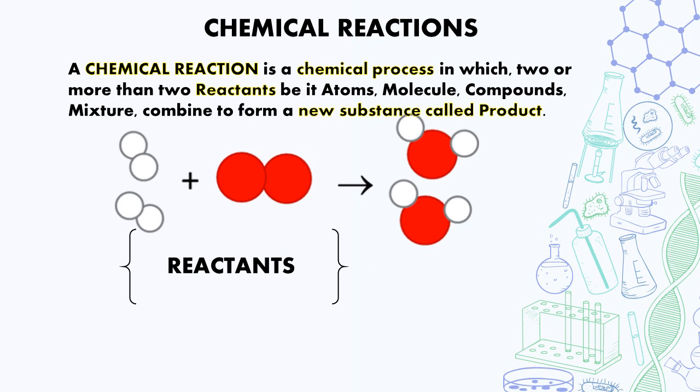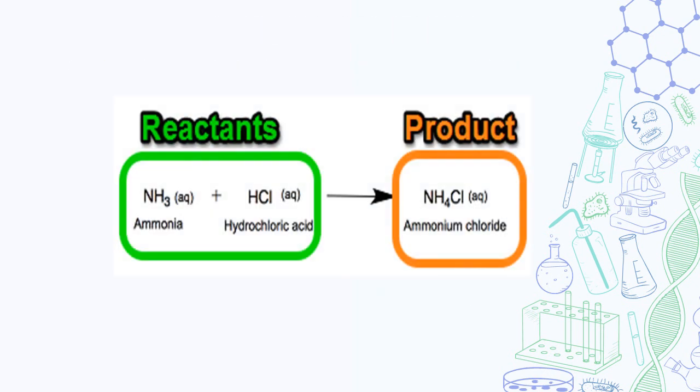They are called reactants and these are called products. For example, when ammonia, that is NH3, reacts with hydrochloric acid HCl, it gives NH4Cl, ammonium chloride. Here NH3 and HCl are reactants and NH4Cl is the product.